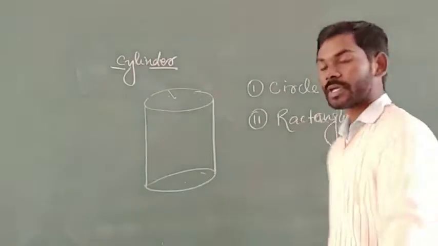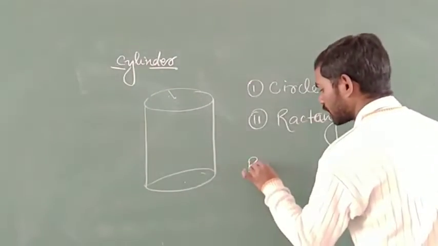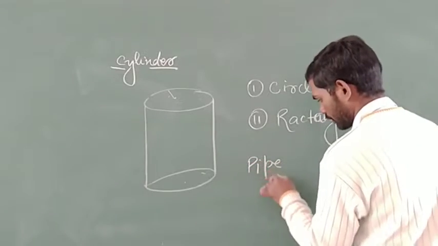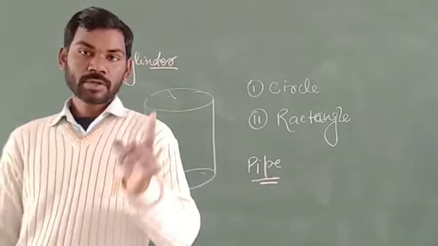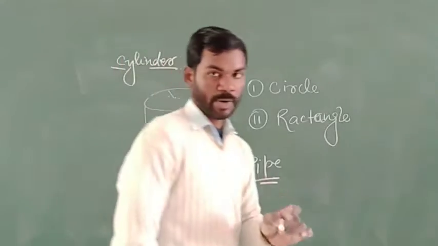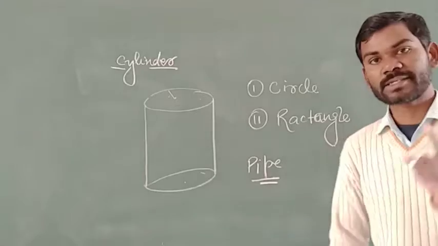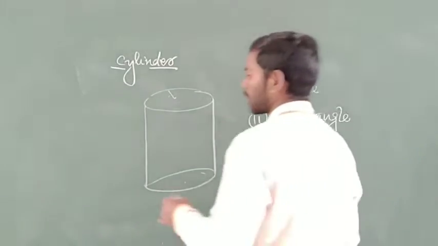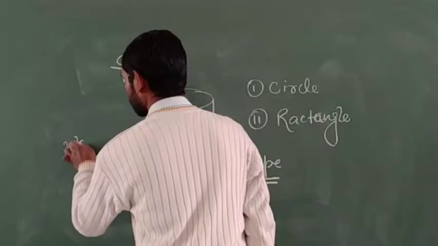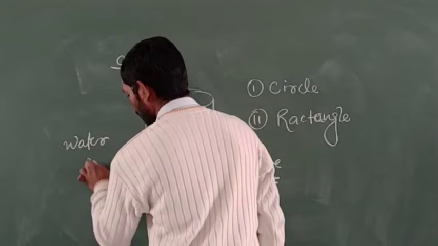For example, in our daily life we see a pipe. A pipe is an example of a cylinder. Sometimes we also see a water well.